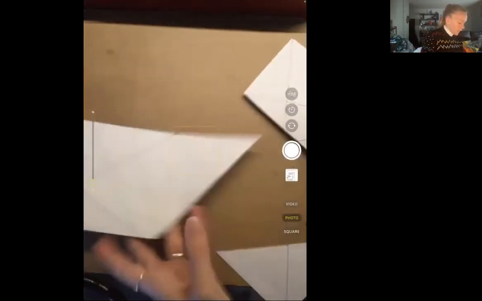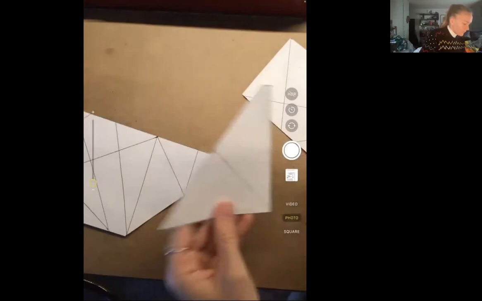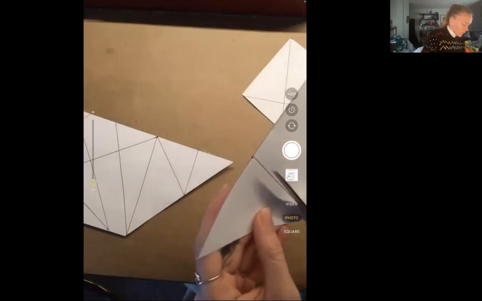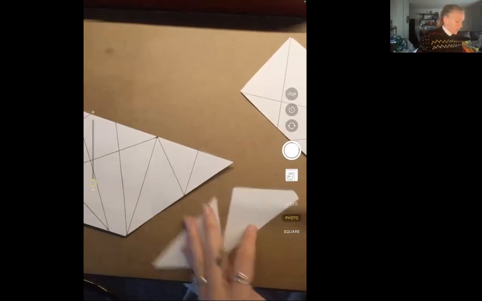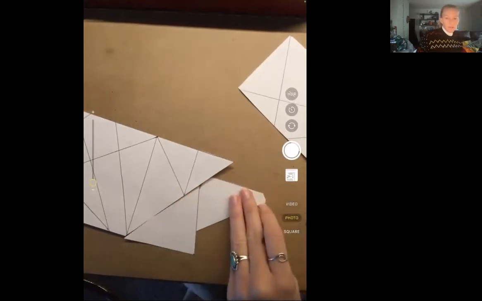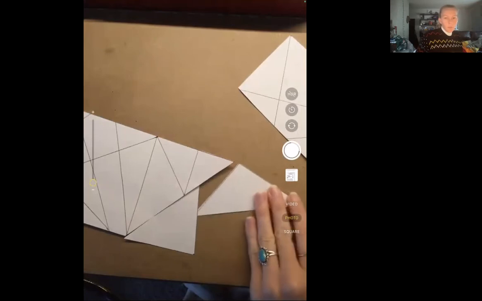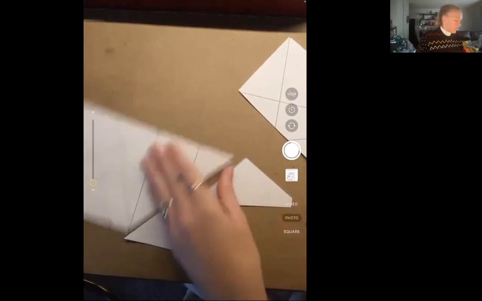What I'm doing is cutting out my triangles. So here's a triangle. And remember how we said our lines weren't perfect? We see here that it doesn't go all the way, but we're going to pretend this is a triangle.